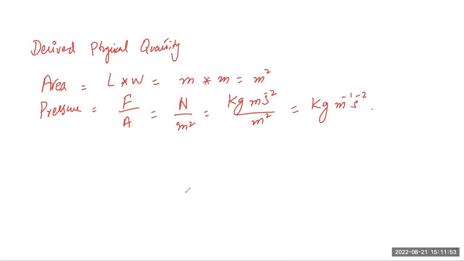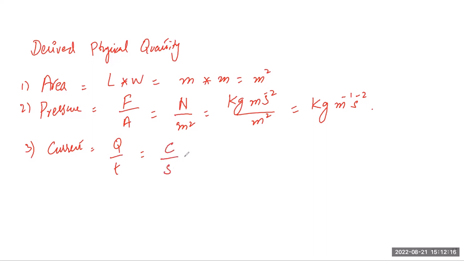We can take another example, current. Current is the flow of charges in unit time. I is equal to Q by T. Charge Q is measured in coulombs and time in seconds.